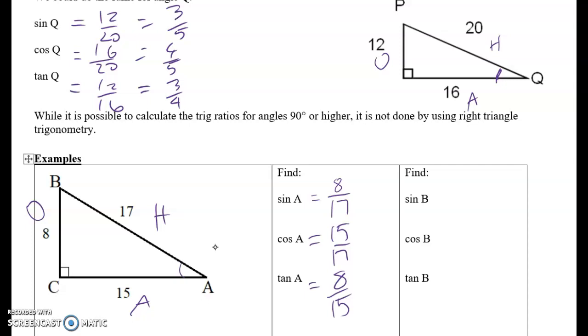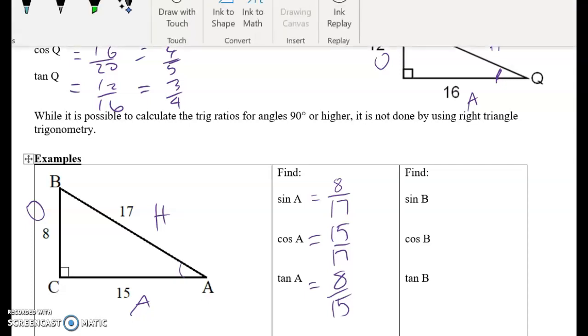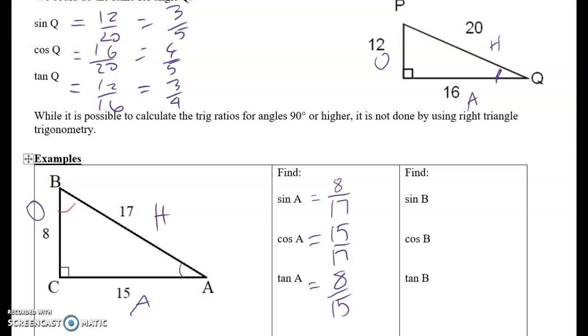Okay? I'm going to change colors here, because let's look at what happens when I take angle B. All right? So with angle B, my hypotenuse is the same, so it's red now. But this is no longer my opposite. This is adjacent. This is my opposite. And this is my adjacent. Okay?